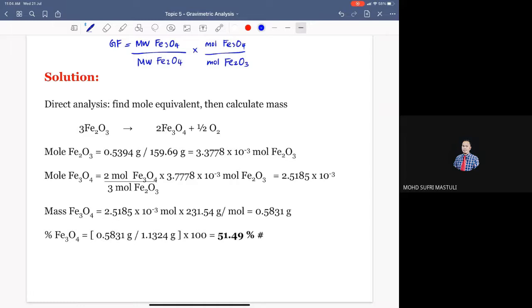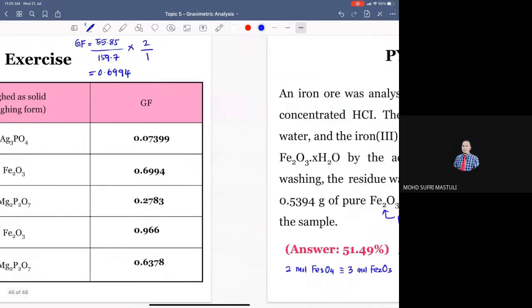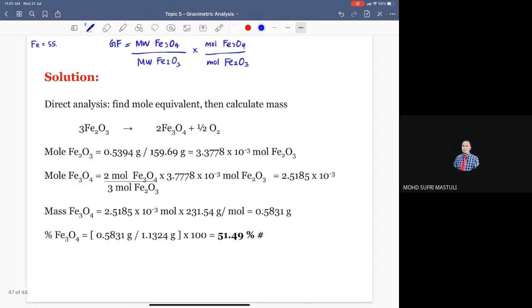Okay, let's calculate the molecular weight of Fe2O3. We know iron is 55.85.